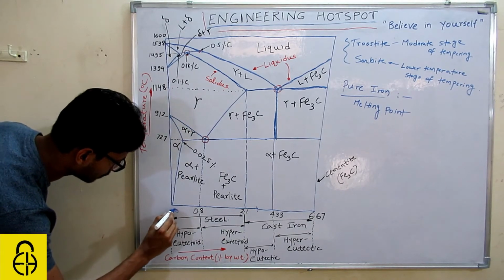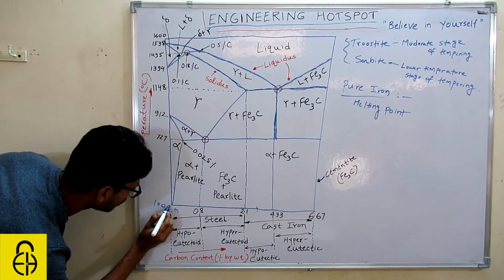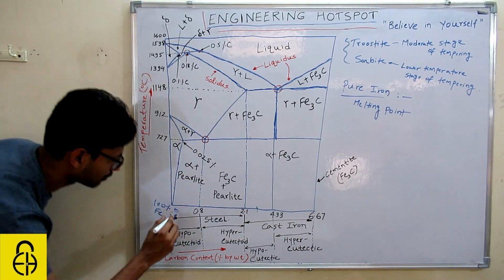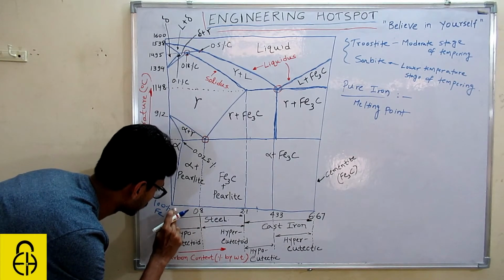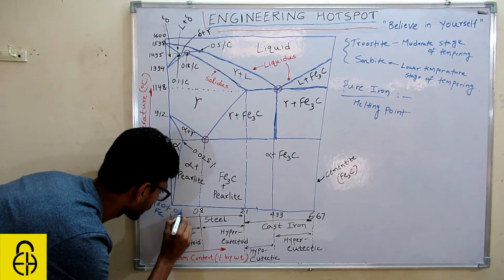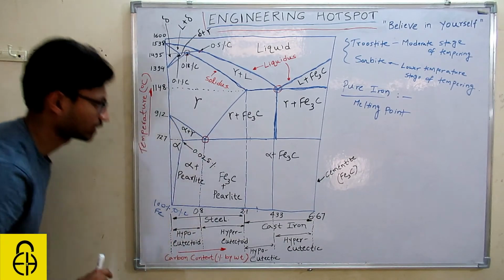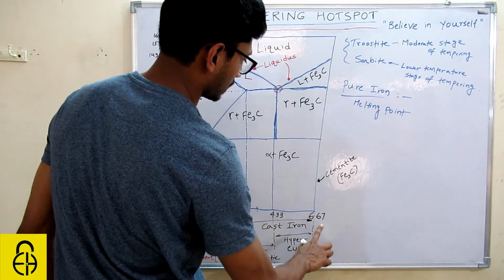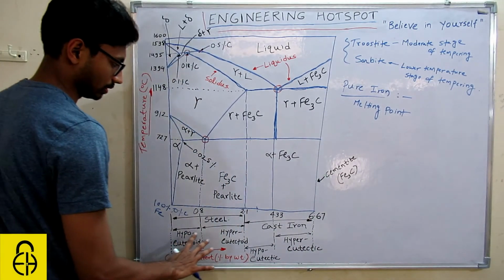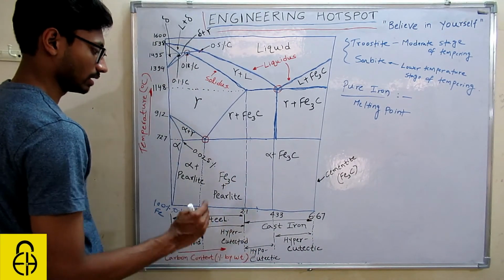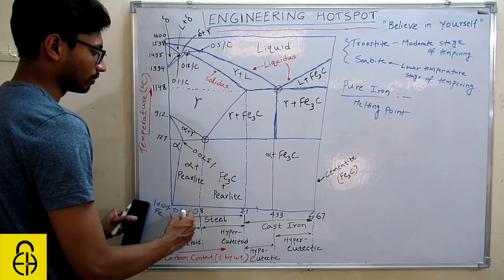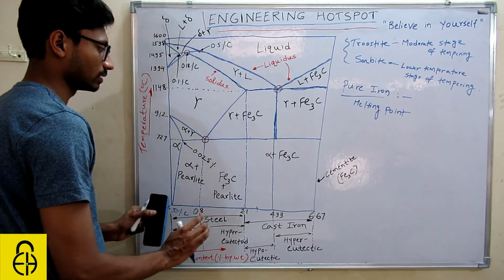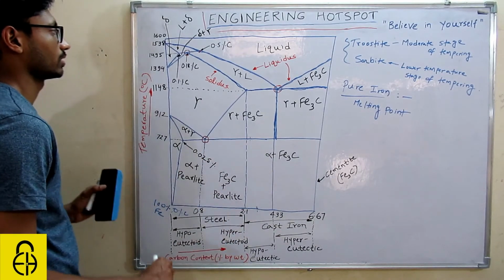This point is 0% carbon and 100% Fe. This point is 6.67% carbon. So if you are moving in this direction, the percentage of iron will decrease and the percentage of carbon will increase in the mixture.